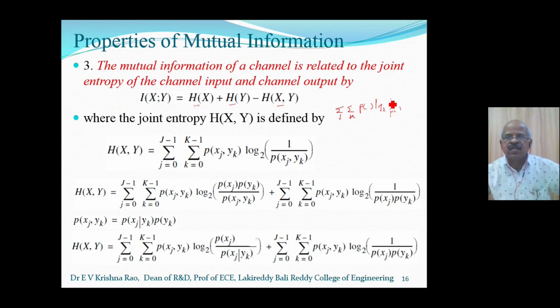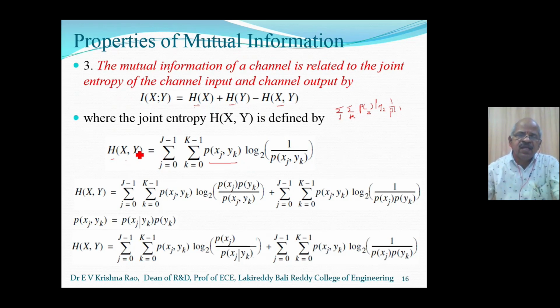So H of x comma y is the summation over j equal to 0 to J minus 1 and k equal to 0 to K minus 1 of p of xj yk, that is the joint probability, times the logarithm base 2 of 1 by the joint probability. By the definition of entropy, the average information is the summation of probability multiplied with the logarithm of 1 by probability.